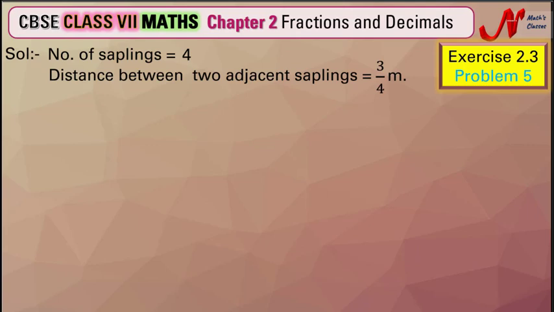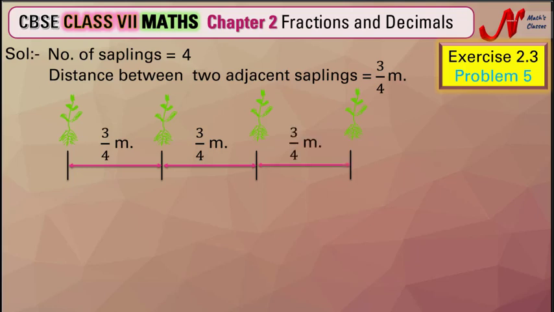To understand better, we draw the 4 saplings. The distance between two adjacent saplings is equal to 3 by 4 meters. And we have to find the distance between the first and the last sapling.